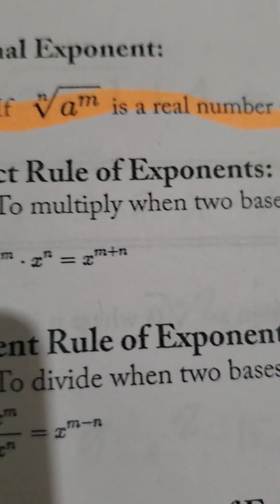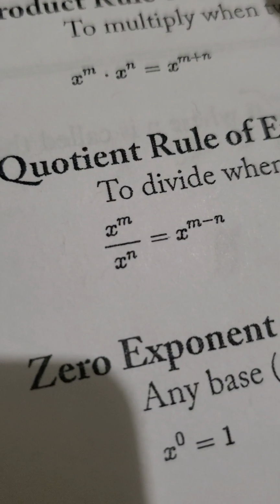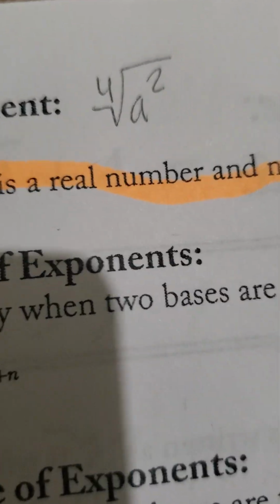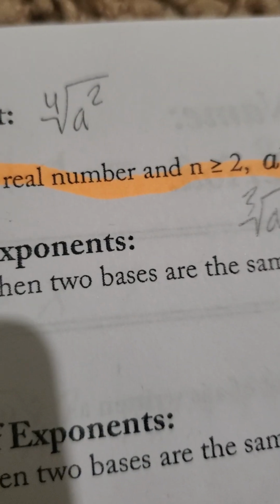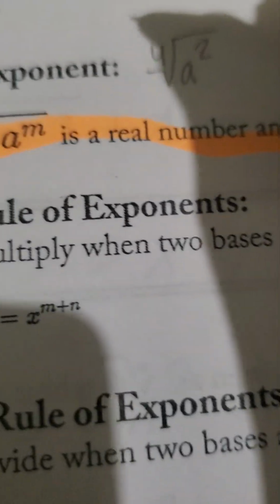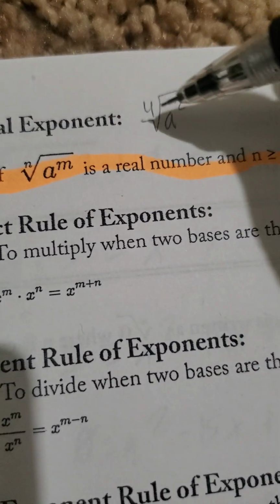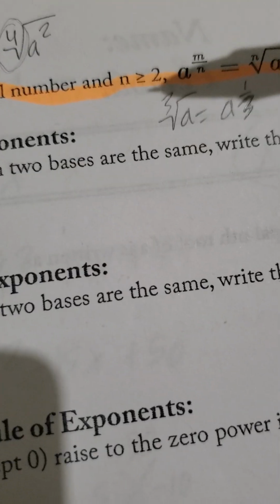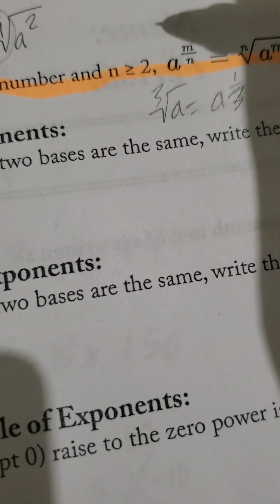I don't think I wrote that well, so I'm going to show you guys a different example. So let's take a to the m over n, right? And I'm going to write down the 4th root of a squared. This will be our number, and n, which is our root number, right here, is greater than or equal to 2.